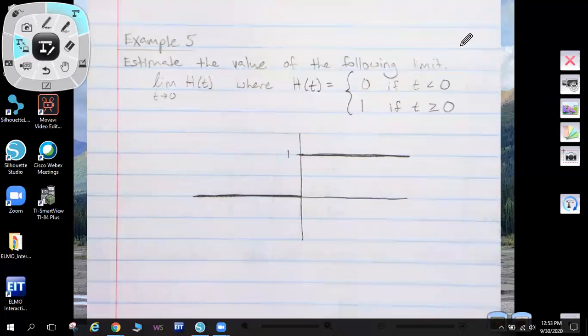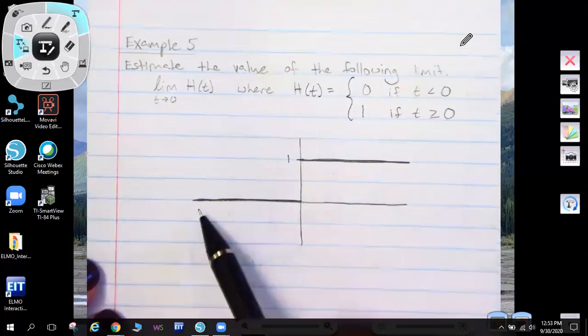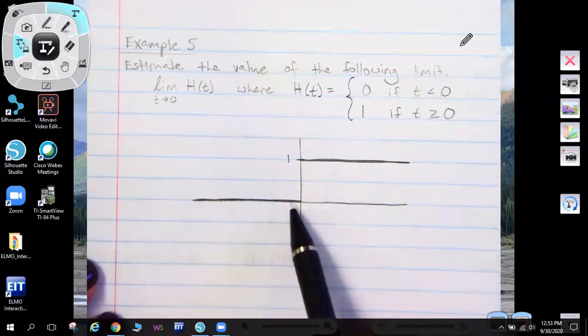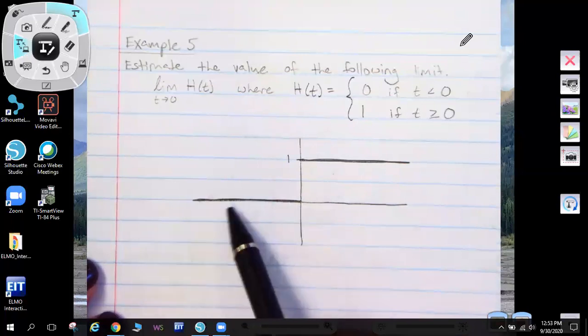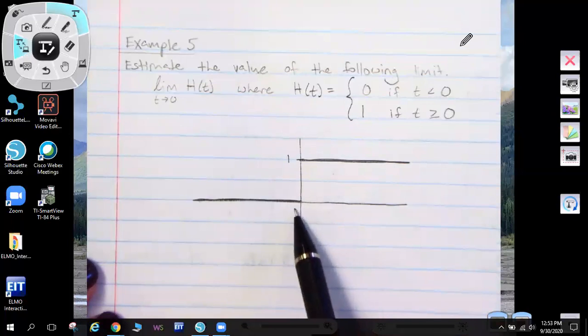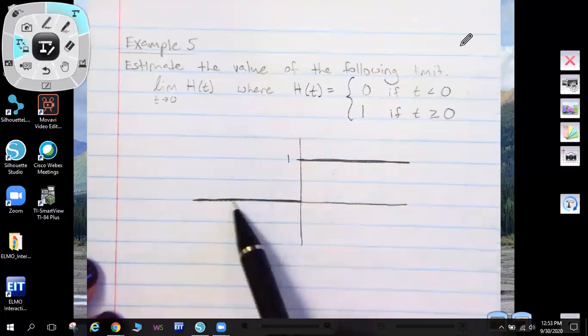Okay, so we can look at the graph. If we were to plug in values on the left side of 0, getting closer and closer to 0 on this side, all of our function values would be 0, right?